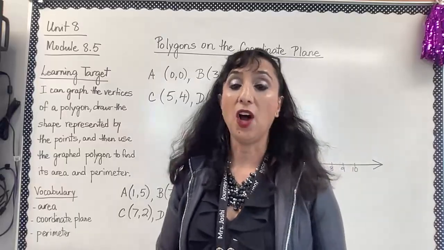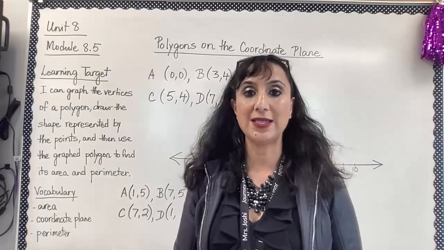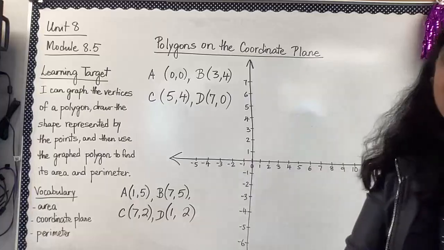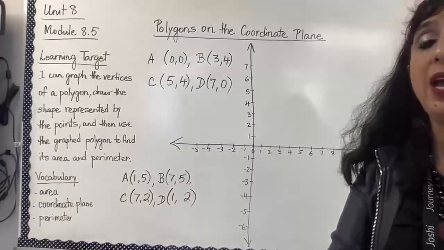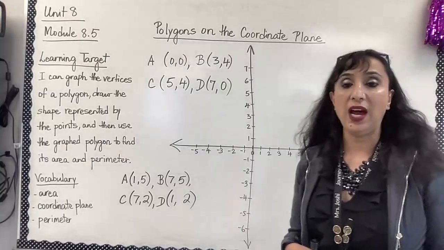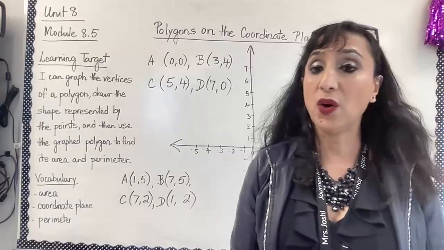Now, all of this we've already done before. We've already done coordinate graphing, the coordinate system, which is comprised of the x and y axis, as we know. And we have the four quadrants, the ordered pairs, the x and y coordinates.